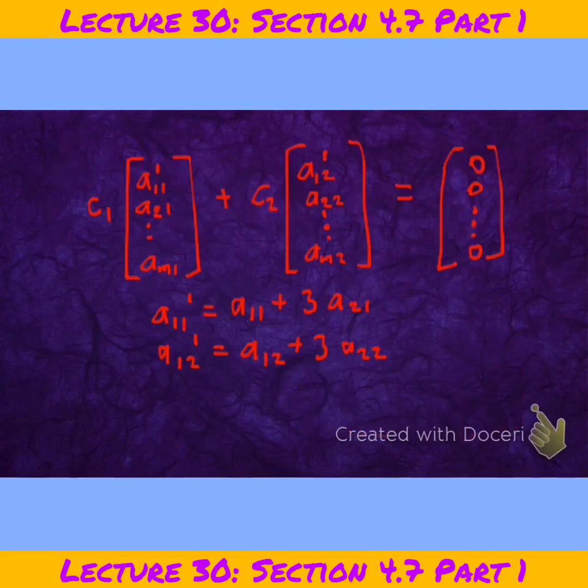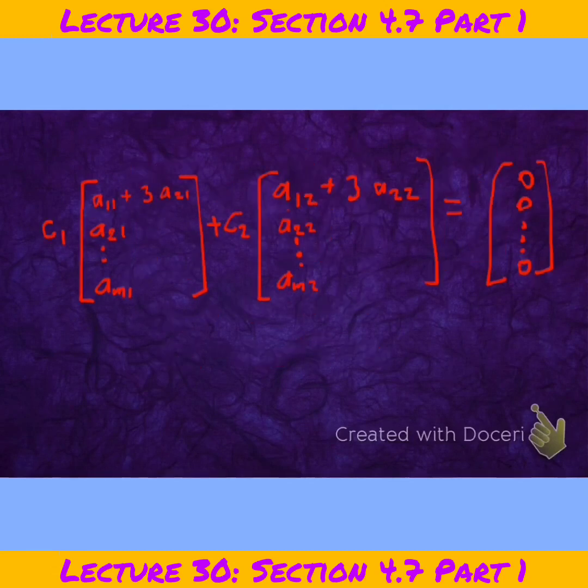Recall that A11 prime is the first entry, first row in the first column, plus 3 times the entry in the second row in the first column. And A12 prime is the entry in the first row in the second column plus 3 times the entry in the second row and the second column.